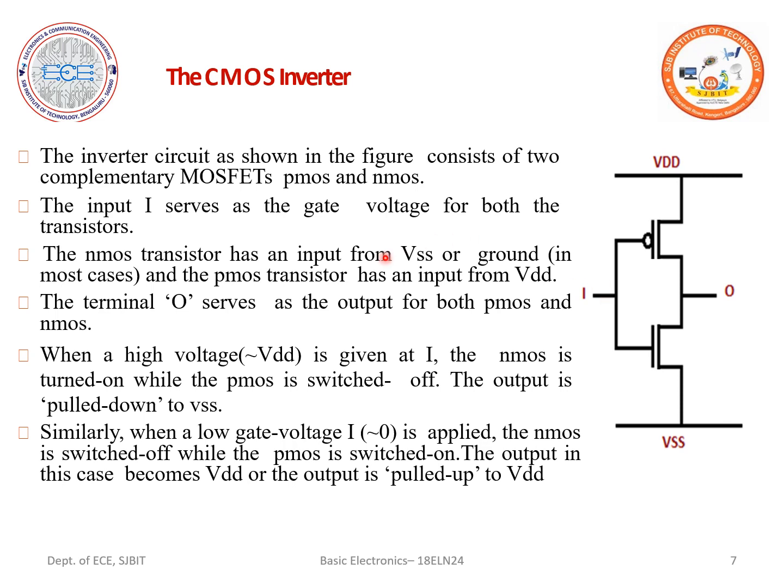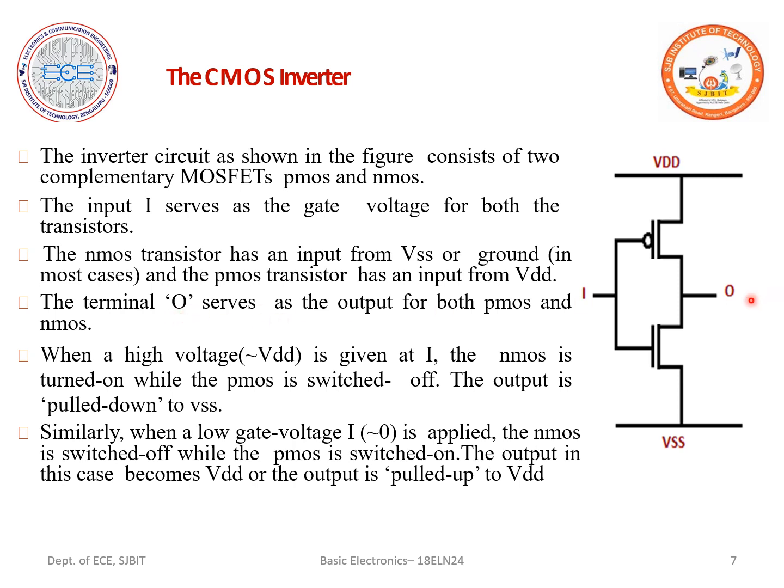The source of the NMOS transistor is given VSS or ground, and the source of the PMOS is given VDD. So an inverter is a logic circuit where, when the applied signal is 0 volt, the output should be 1.